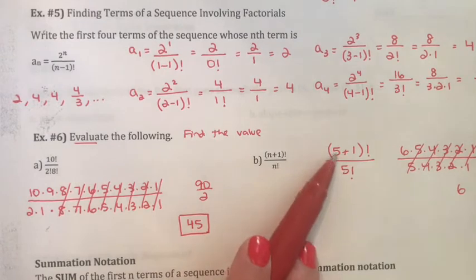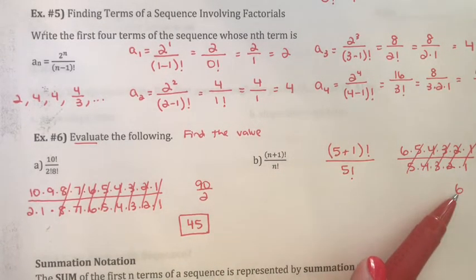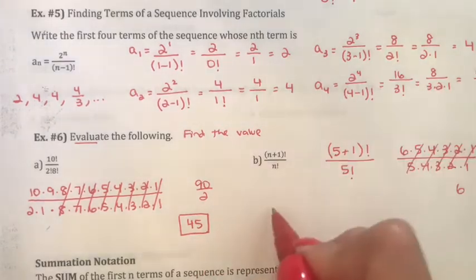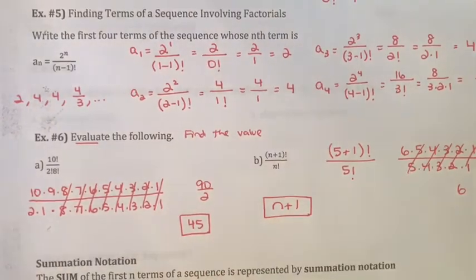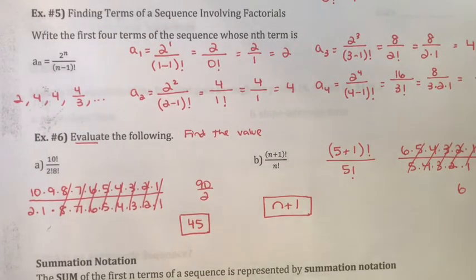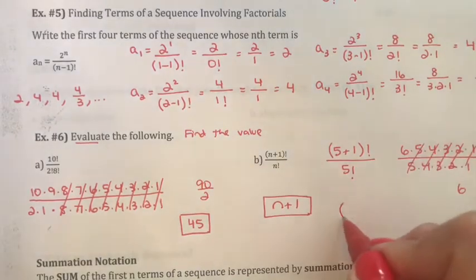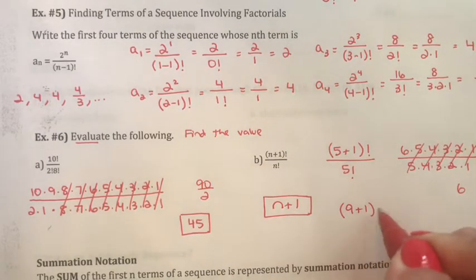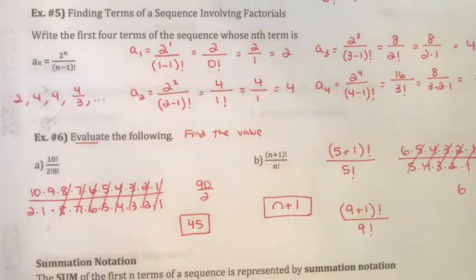Now you'll notice the n value I started with was 5, but I ended up with 6. That was 1 more. That means n plus 1 is how this simplifies. And you can try another example to see if it works. Let's say I put 9 plus 1 factorial over 9 factorial.